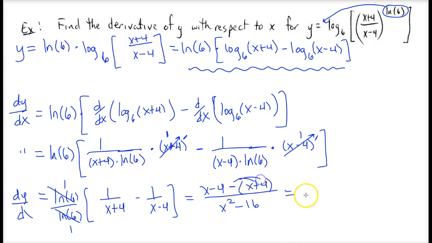We distribute here. We have x minus 4 minus x minus 4. And we see that we have these x and minus x terms cancel.